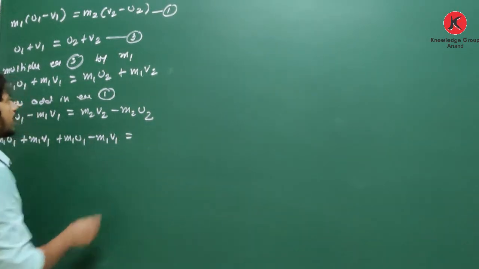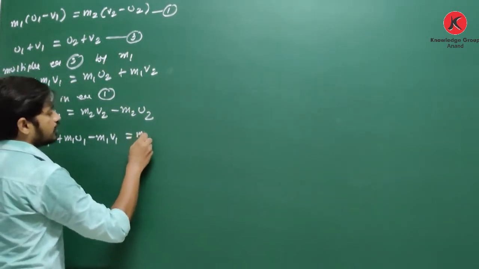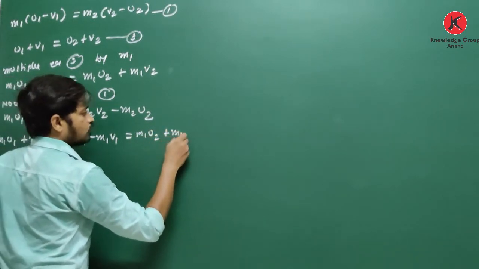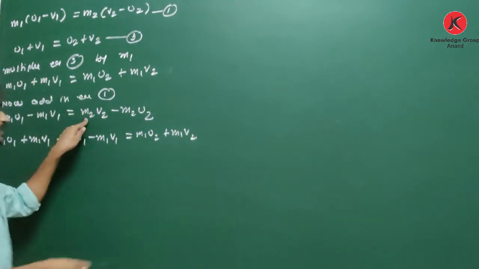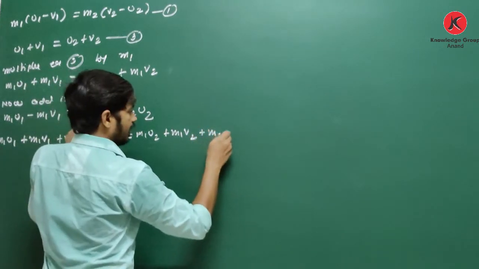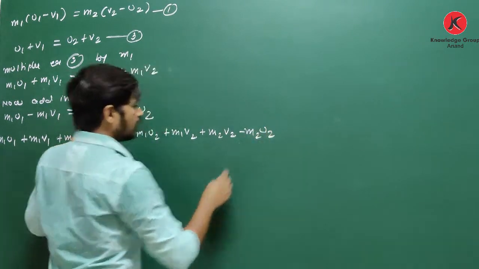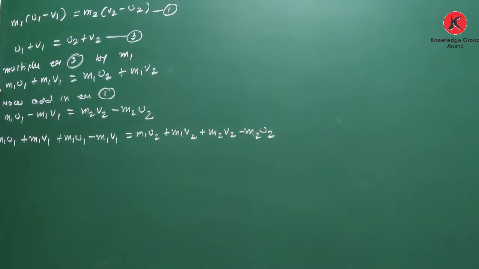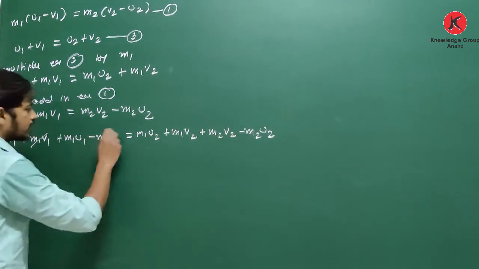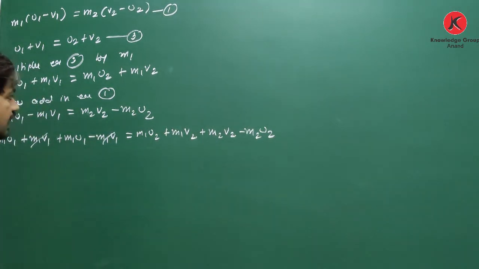Is equal to, now the right hand side, m1 u2 plus m1 v2, plus m2 v2 minus m2 u2. You have to add that. So here m1 v1 cancels with m1 v1, and no other terms. So now we can simplify this.